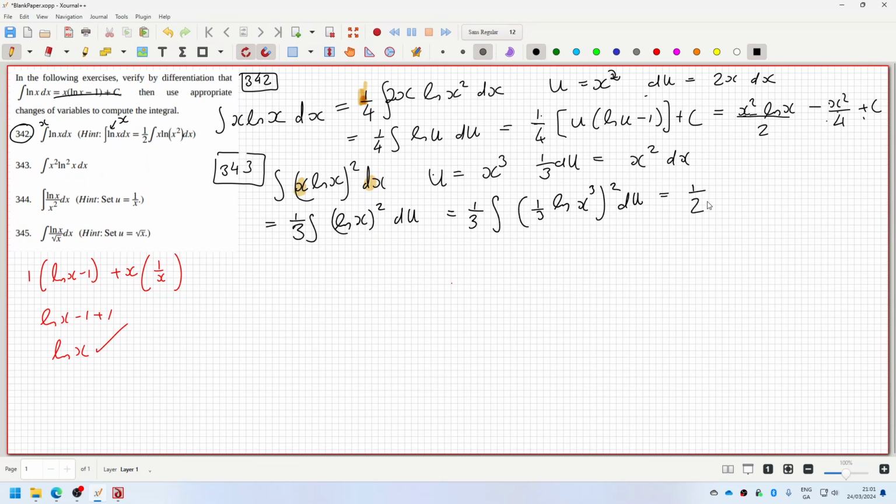That's 1/27 integration of log u squared du. Do I know how to integrate that? Did that come up earlier?